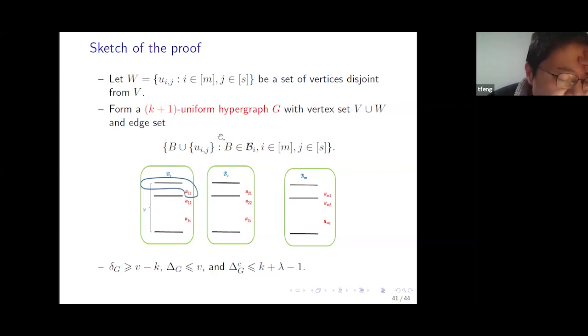And then we can give an edge coloring of the hypergraph. For example, we give an edge coloring, and then we can take a color class. We know in a color class, every 2 edges must be disjoint.